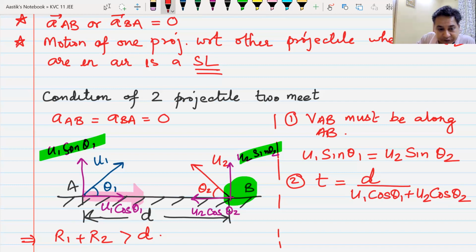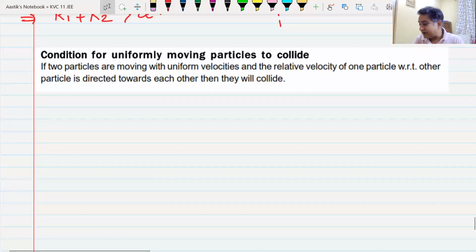Similarly, this was the case of two projectiles to meet. We can make a similar case for two bodies moving with uniform velocities to meet, and the case would be simpler. Here we have taken the examples of two projectiles, which are not uniformly moving, but from one projectile the other projectile is uniformly moving.